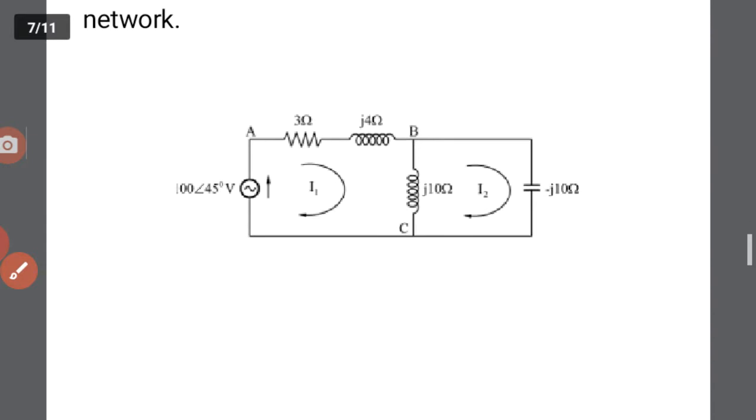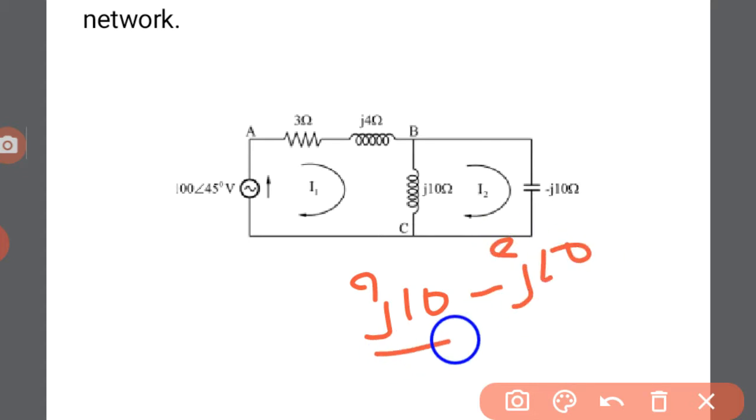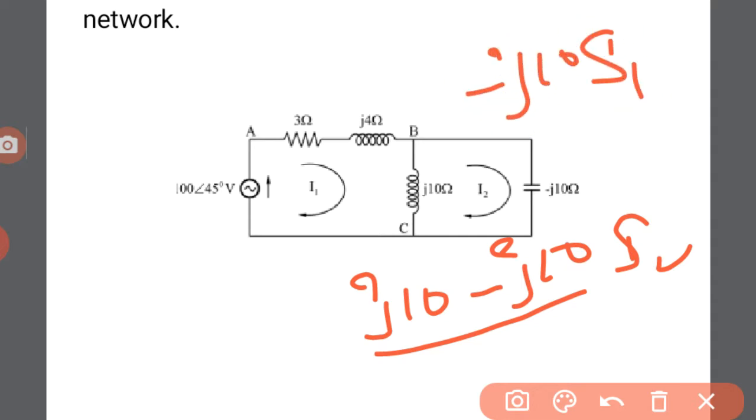Next, go for loop equation 2, that is the second loop. Here the self impedance is J10 minus J10, which is equal to 0, and the imaginary part is 0. So the impedance for I2 is 0. Only the I1 term remains: minus J10 into I1 is equal to 0.